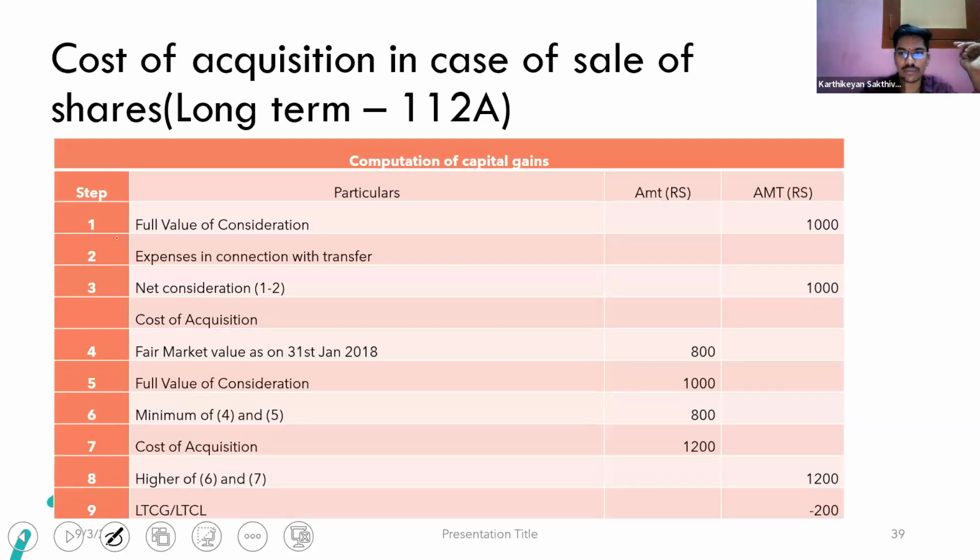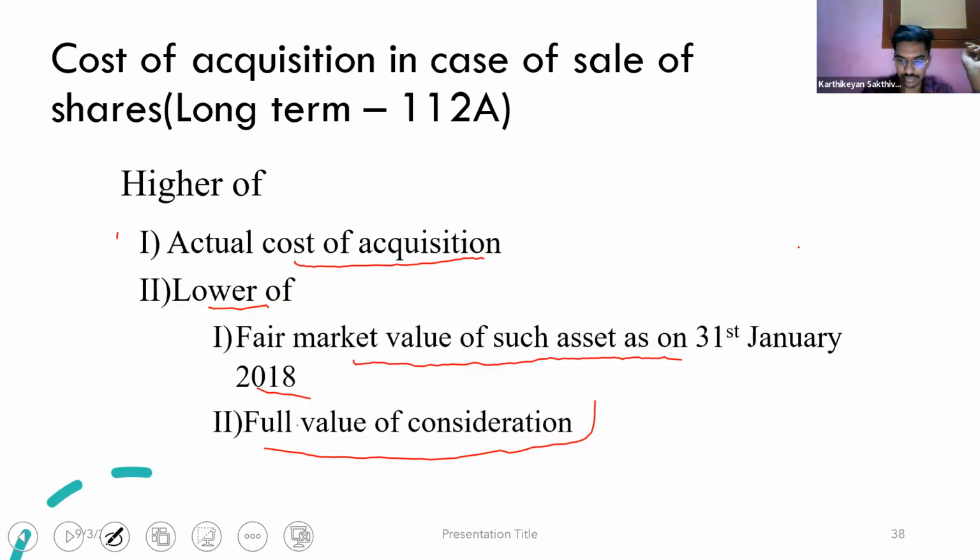We'll just take an example. Say the full value of consideration is 1000 rupees from sale of shares, and the shares were purchased before 31st Jan 2018. This is applicable only if the shares are purchased before 31st Jan 2018. If the shares are purchased after 31st Jan 2018, whatever the cost of acquisition is, just take that as the cost.